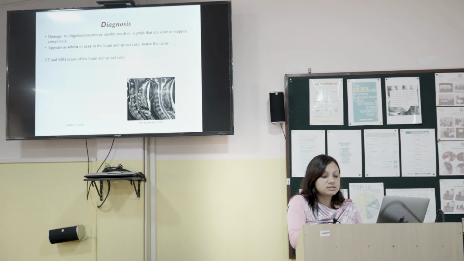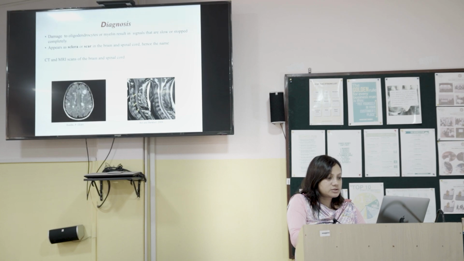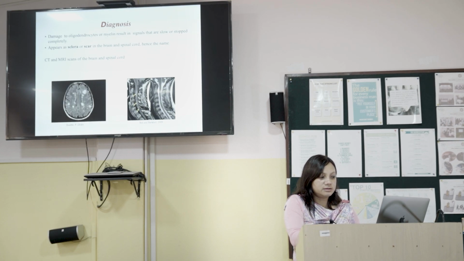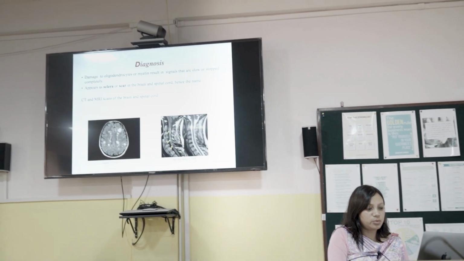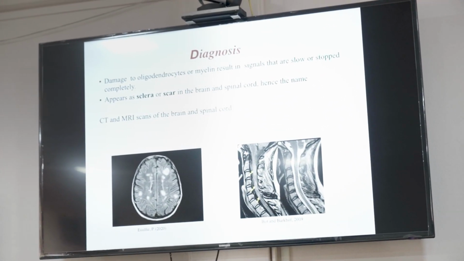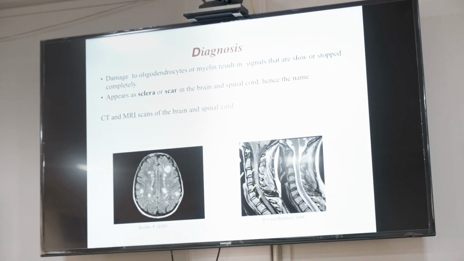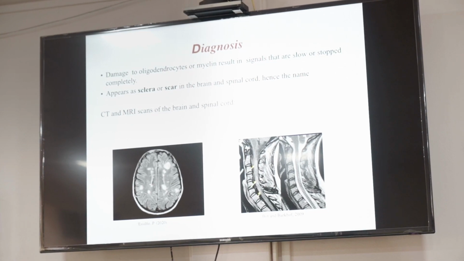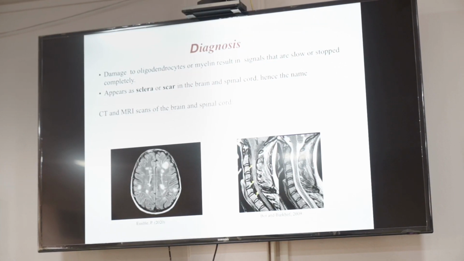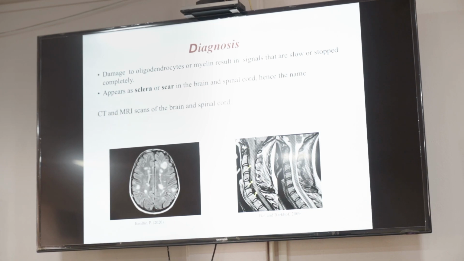Normally, in addition to other diagnostic methods, the most important diagnosis for multiple sclerosis is the CT and MRI scans. As we can see in the slide, these are MRI scans of the brain and the spinal cord, where there are certain scars. This is a typical scan of a person suffering from multiple sclerosis.